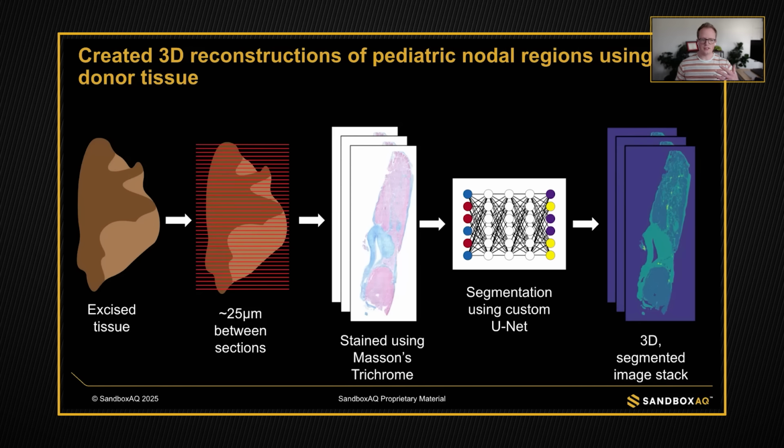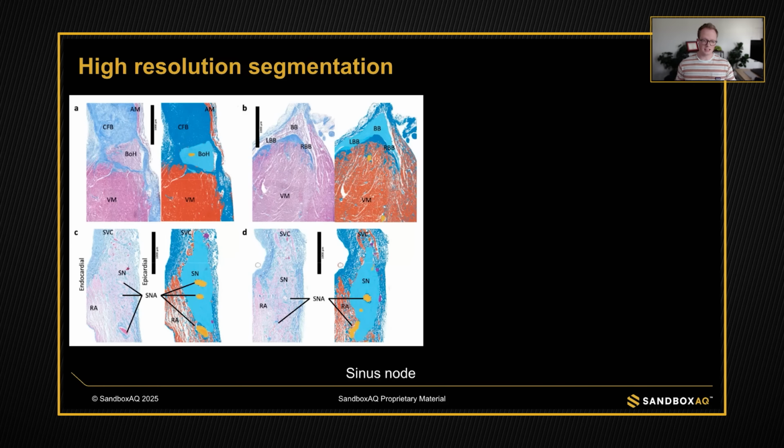And then we used some custom machine learning to segment out these regions of interest, whether it's muscle, connective tissue, the vasculature, the neurons that innervate the sinus and the AV nodes, and the nodes themselves. And we've got an example here from this paper, one of the figures that shows the results of some of this segmentation.